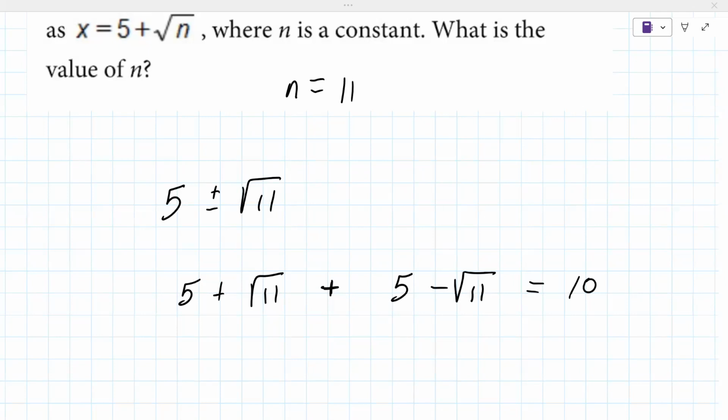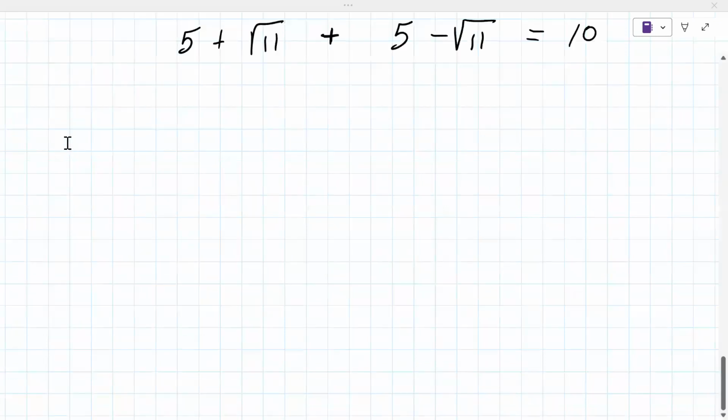Now, do you think that always happens? Yes. It always happens. So that's a little thing where if you know that, you can save a ton of time on certain questions. The sum of the solutions never, ever has roots in them.